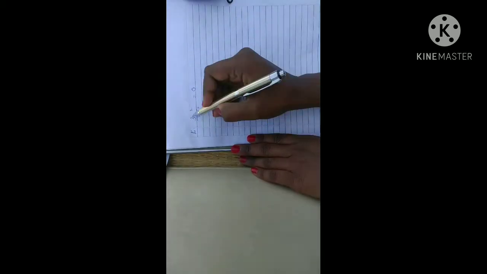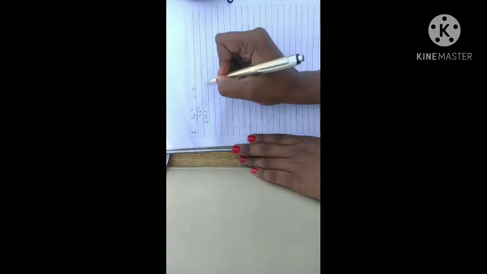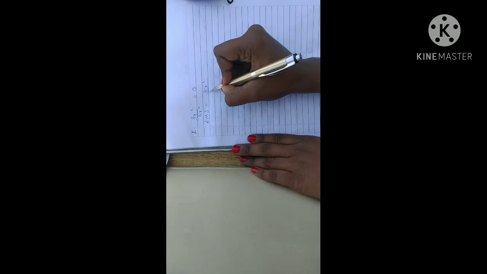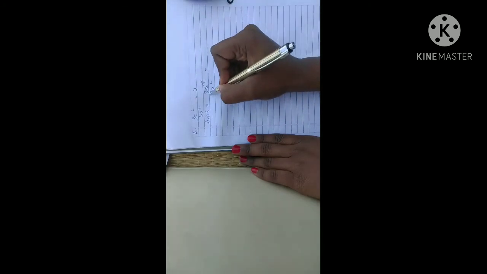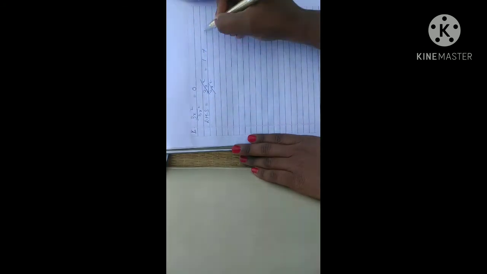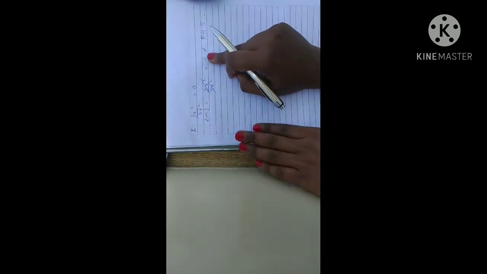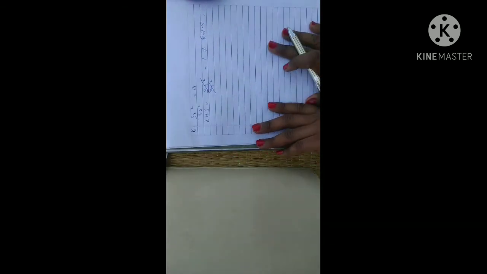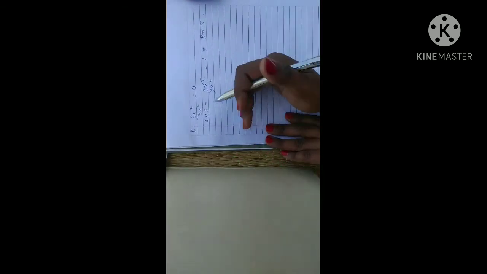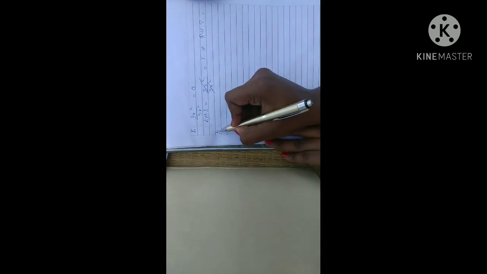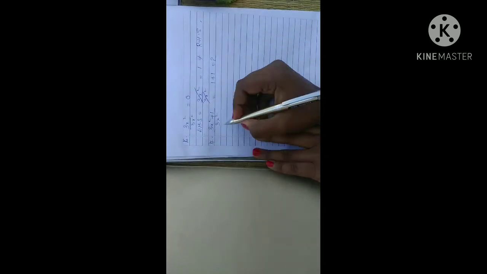16th question. LHS is equal to 3x square upon 3x square is equal to 1, which is not equal to RHS because RHS is 0. So the corrected statement is LHS is equal to 1. Now 17th one.